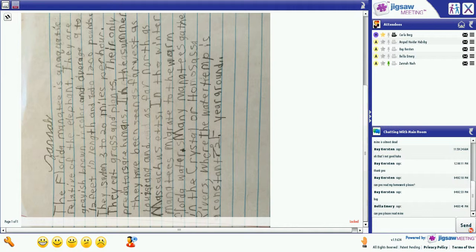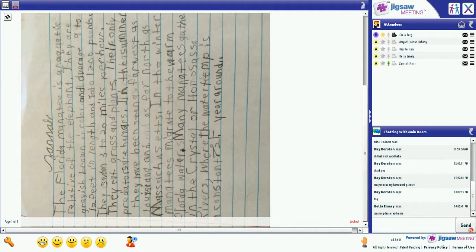In the summer, they have been seen as far west as Louisiana and as far north as Massachusetts. In the winter, manatees migrate to warmer water.